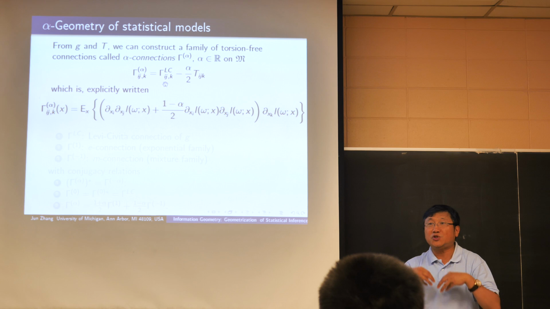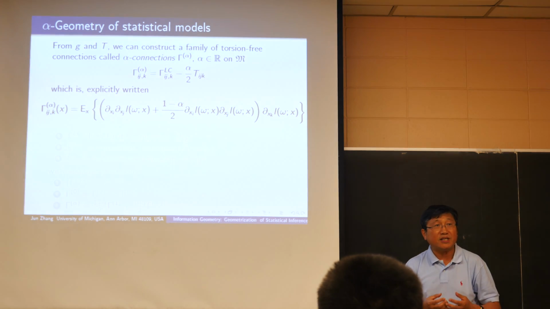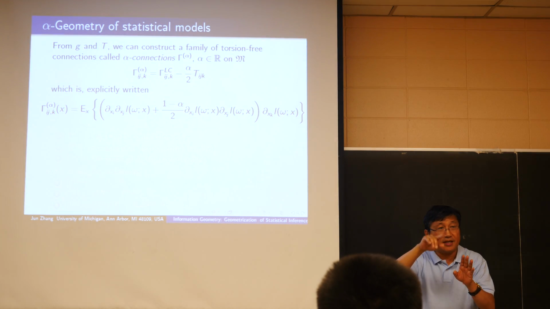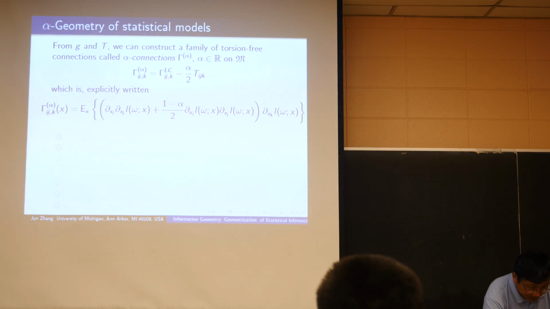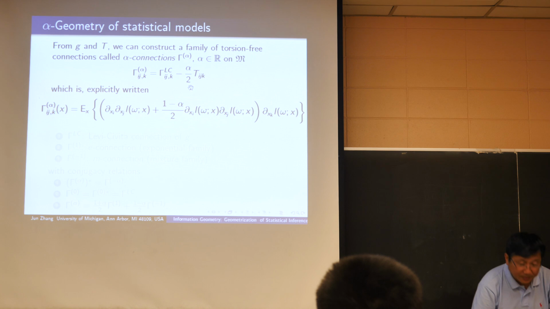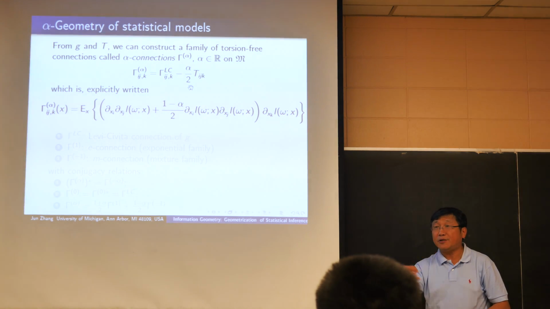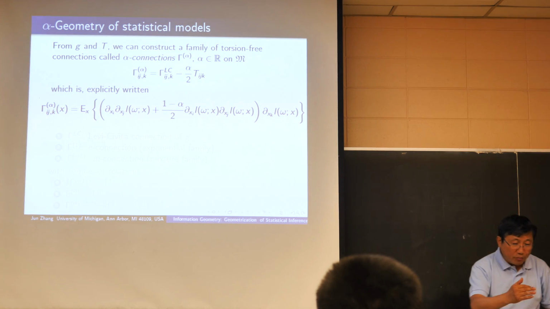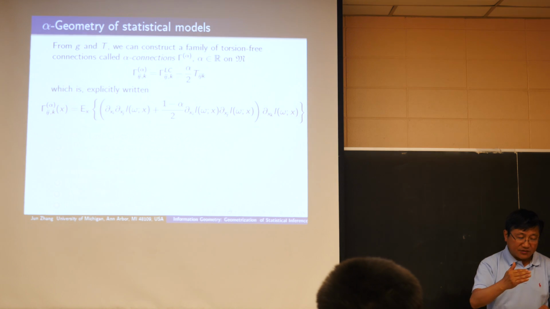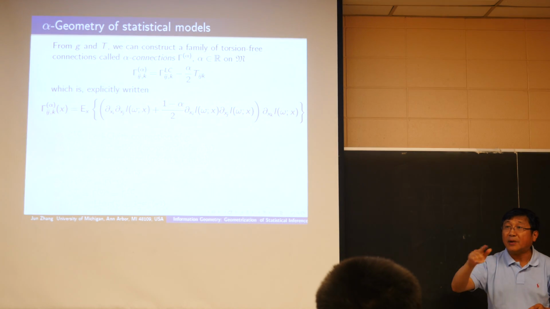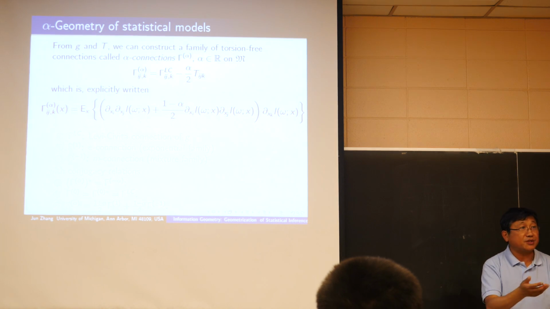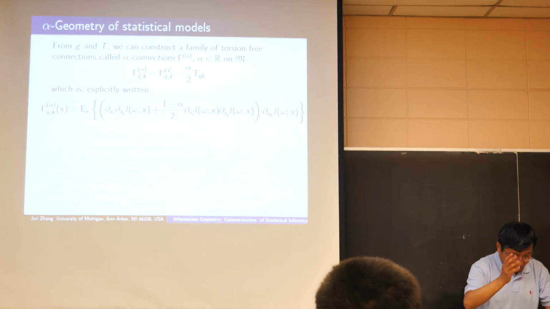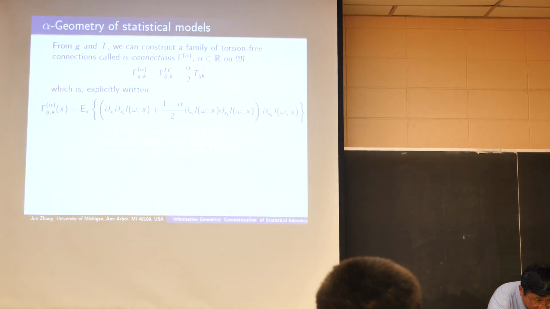This is a connection constructed by the metric, by the G. It's well defined by taking partial derivatives of the G, and you can calculate that. The second term uses the T, the third order invariant quantity. We deform the Levi-Civita connection by this alpha value. So when alpha equals 0, it's just the Levi-Civita connection. Any alpha is just general.